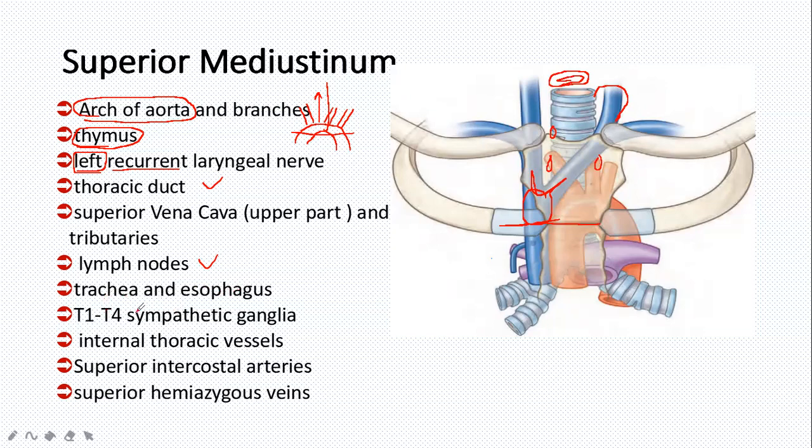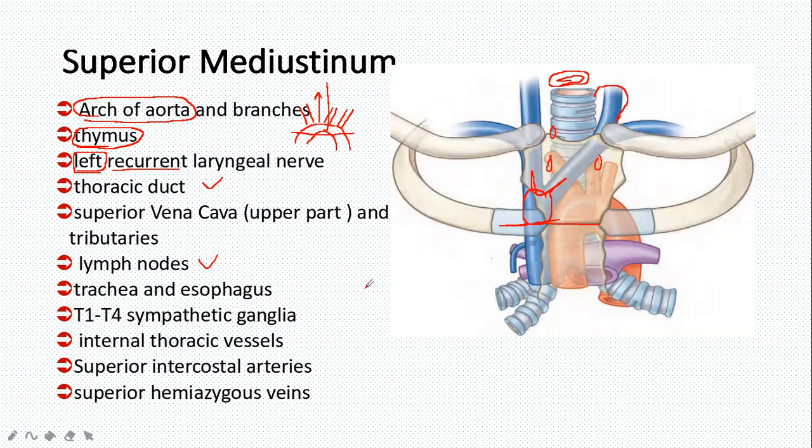Okay. Then we have the T1 to T4 sympathetic ganglia. So these ganglia, remember we talked about them, they are by the vertebrae. So obviously, because T1 to T4 are the posterior relations or the posterior boundaries of the superior mediastinum, right? Hence, we also expect that the sympathetic ganglia can be there.